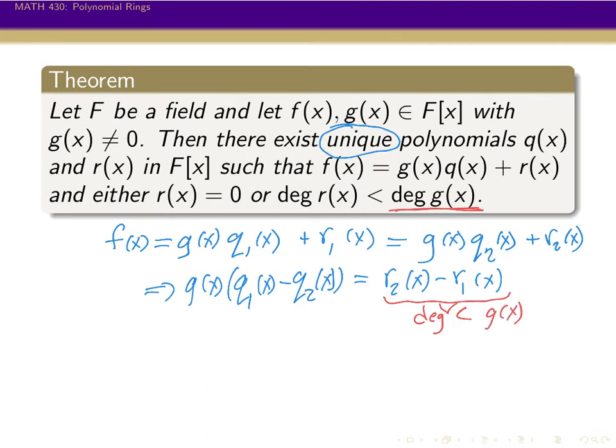However, on the other side, if this is non-zero, and then you're multiplying it by g of x, that can only result in the degree going up. And so the degree of this doesn't have to be strictly greater, since q1 minus q2 could be a constant, but it has to be at least as big as the degree of g of x. And you get a contradiction here between these unless both sides are 0.